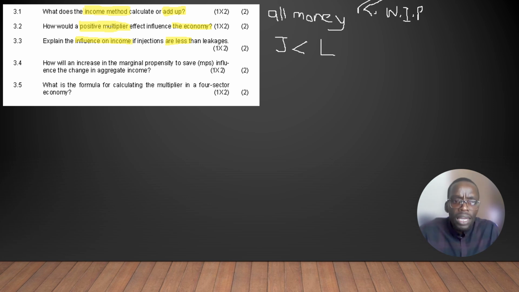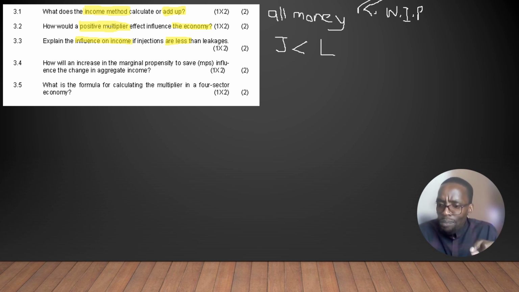Okay, right, then we go to the next one, which is question 3.4. It reads, how will an increase in marginal propensity to save (MPS) influence a change in aggregate income? Now what we need to understand, remember we said our marginal propensity to save is that portion of additional income that domestic components decide not to spend on goods and services, but they decide to save it.